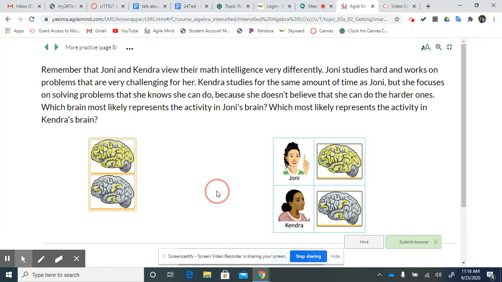Kendra. What should we say about Kendra? I don't want to call her dumb. We have to say something semi nice for Kendra. Kendra needs more practice.